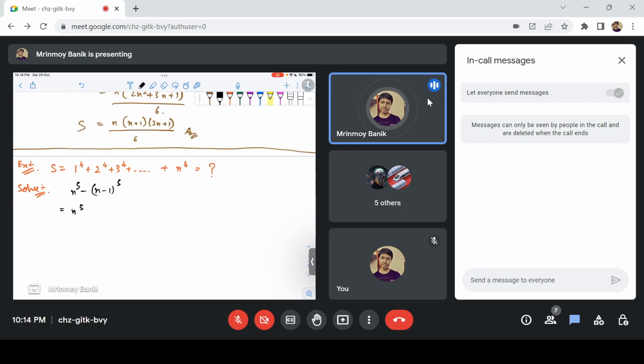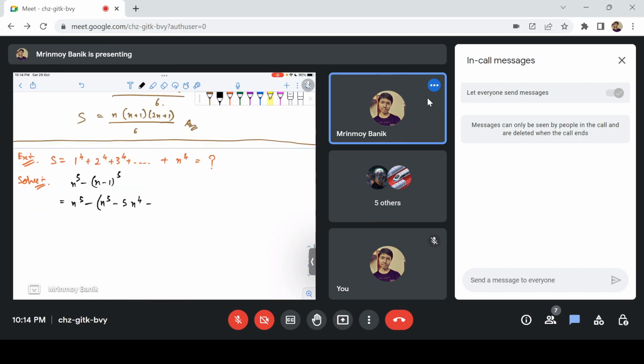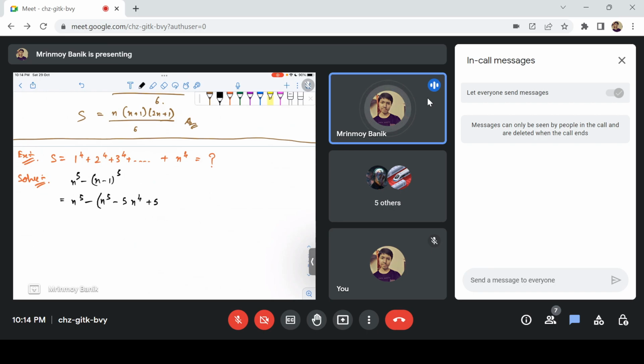So it's n power 5 minus n power 5 minus 5 times n power 4, plus 5c2, that is 10 times n cube, minus 5c3, that is again 10, then plus 5n, lastly minus 1.